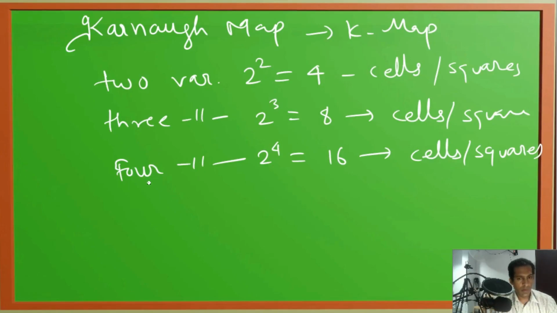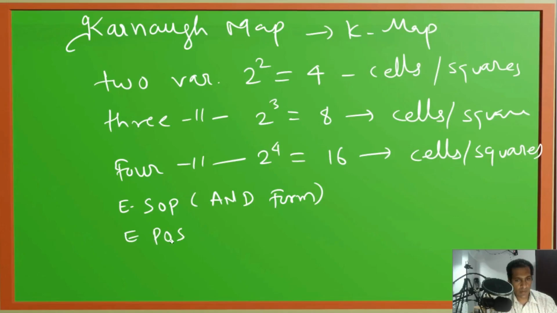So any Boolean expression can be expressed in a standard or canonical or expanded sum of product, that is nothing but AND form, or in a standard or canonical or expanded POS form, that is nothing but OR form.